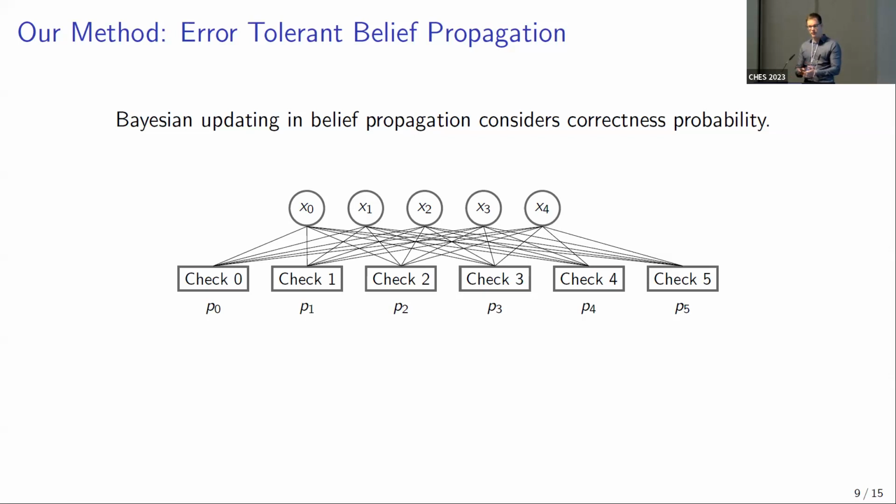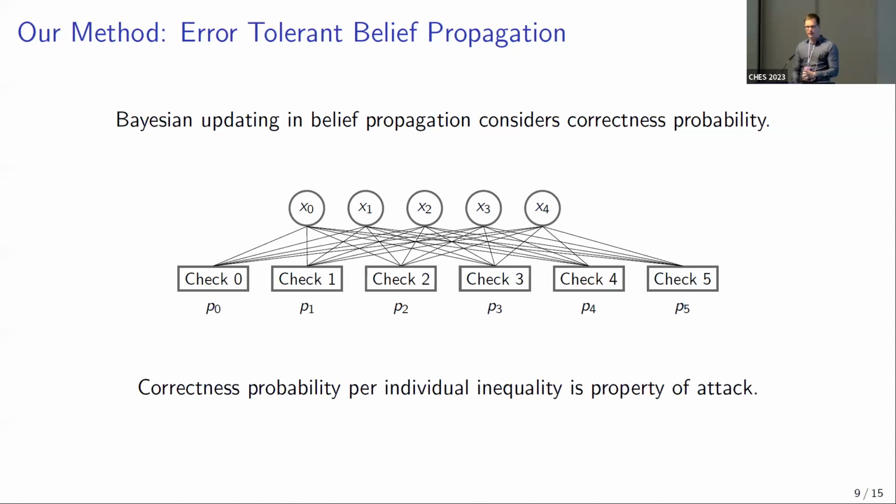They perform Bayesian updating based on the inequality we obtain in an attack. And we add the property of correctness to each of the check nodes. They can be different, so each inequality now has a correctness probability, and we consider this in the Bayesian updating we perform for each of the inequalities.